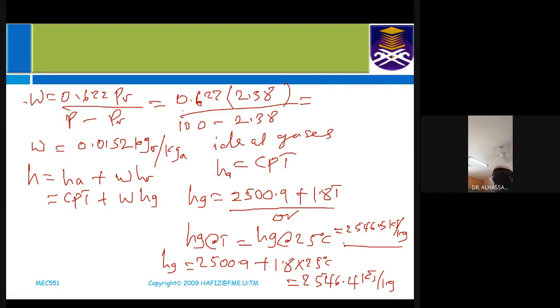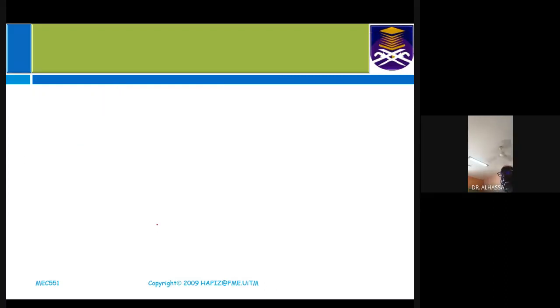Having calculated Hg and knowing omega already, we can easily calculate the enthalpy.